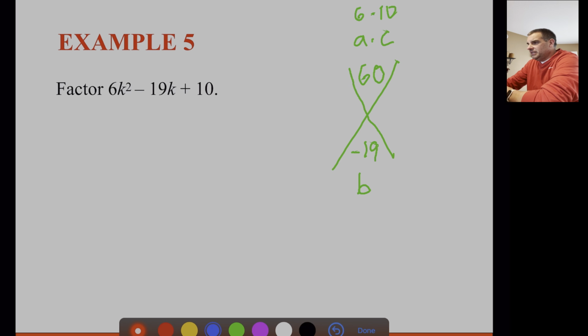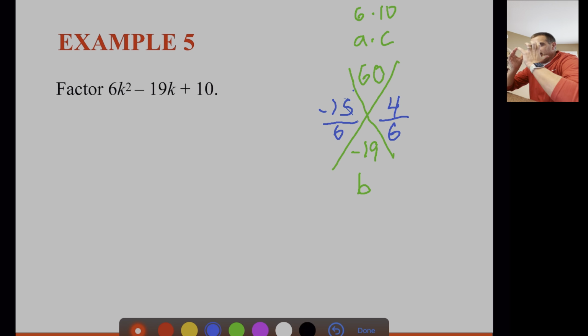So -15 and -4. But here's the trick. We have to divide these by a. Each of these has to be divided by our a value, which in this case is 6.